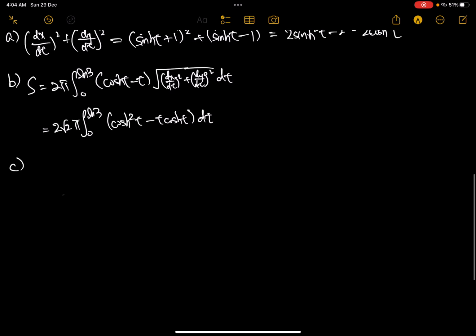And in part C, we need to solve for S. So the obvious fact is we have hyperbolic cosine of 2t equals 2 hyperbolic cosine squared t minus 1. So we could go ahead and do exactly that.